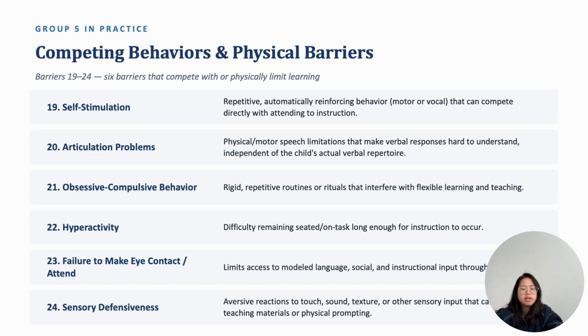And the last one, sensory defensiveness, covers aversive reactions to touch, sound, texture, or other sensory input, which can disrupt both teaching materials and physical prompt procedures. So these 6 are grouped together because, unlike the learning process barriers in group 4, they're less about how the child learns and more about behaviors or physical factors that actively compete with the opportunity to learn in the first place.